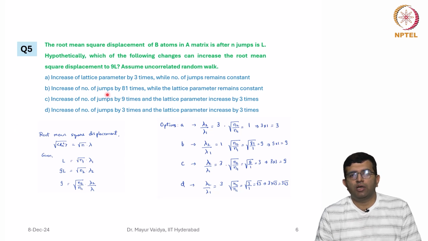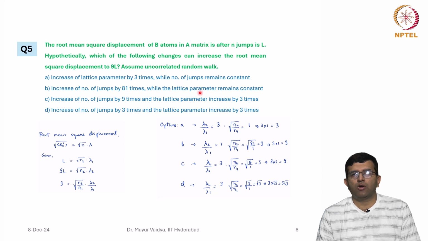Now, in the second option you have an increase in the number of jumps by 81 times. That means n2 by n1 is 81, or root of n2 by n1 is equal to 9, while the lattice parameter remains constant, so lambda 2 by lambda 1 is equal to 1.